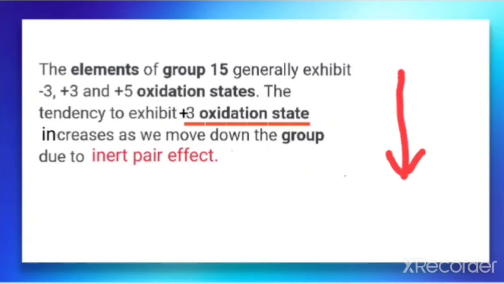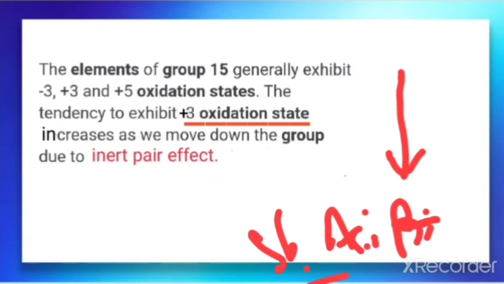When we compare examples of compounds in which these exhibit the +3 oxidation state, usually the lower members like arsenic, antimony and bismuth show greater stability towards the +3 oxidation state than nitrogen and phosphorus.